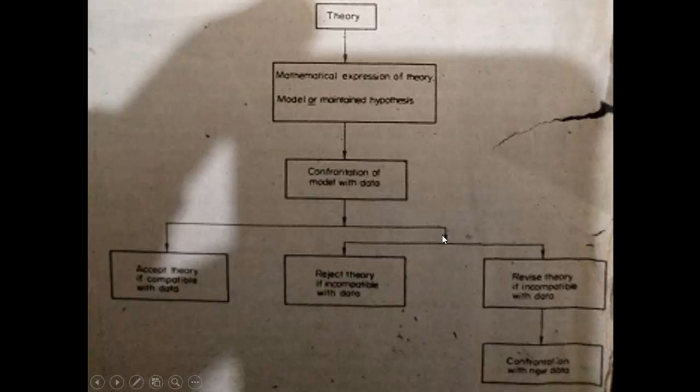If the data does not support it, then we can reject the theory, or we can revise the theory by adding some more variables, or by adding some more data, or by treating the data in a different way, and then applying the data and getting the result.